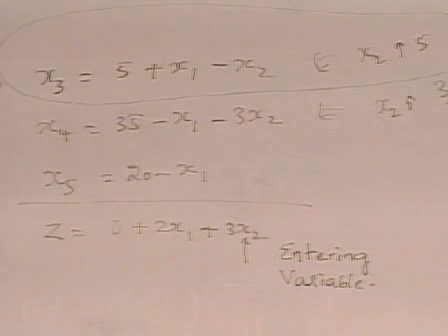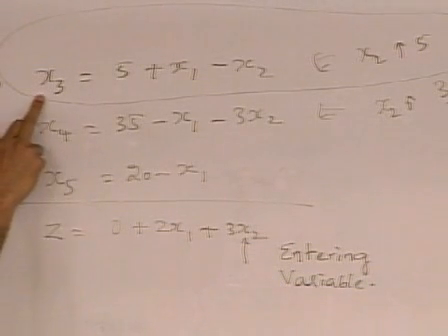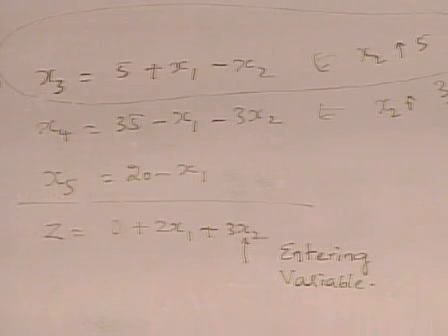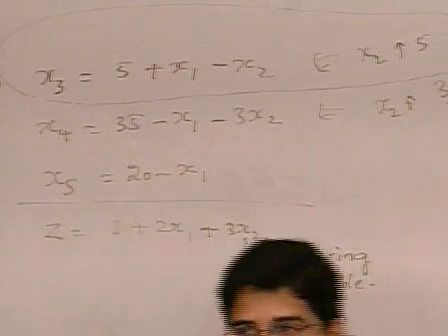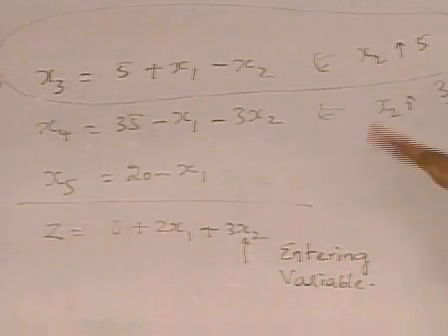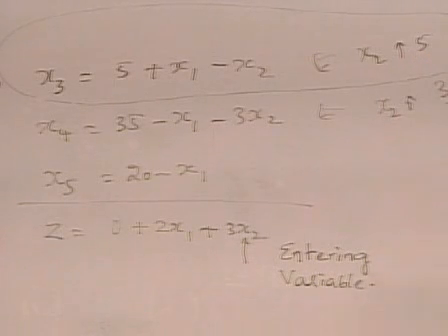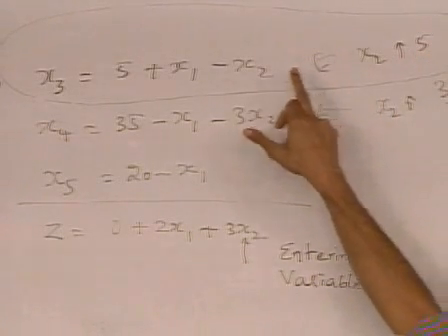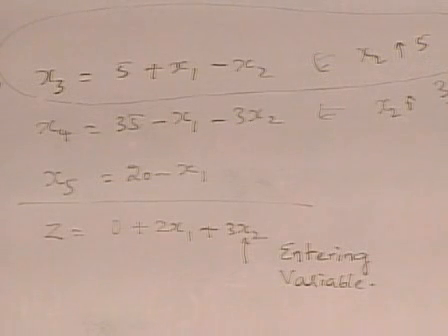So the way you would go about achieving such a transformation is to start with the equation that limited your increase. Okay? So this is the equation that stopped x2 from becoming any larger. Start with that equation. That equation is going to give you a new dependent variable.